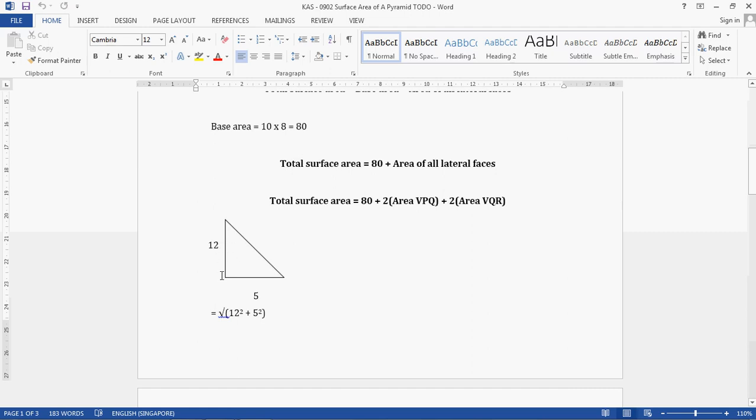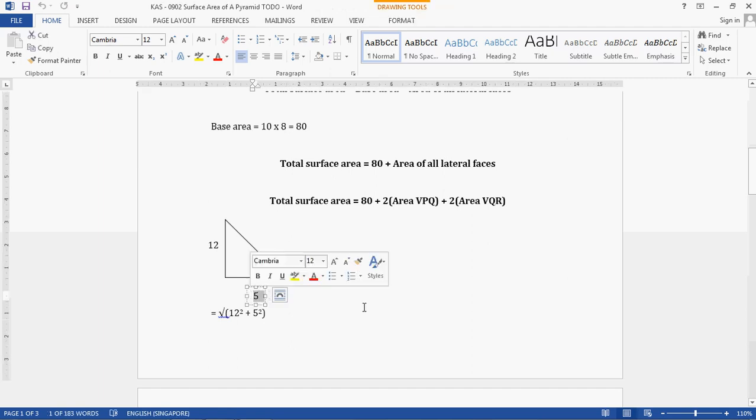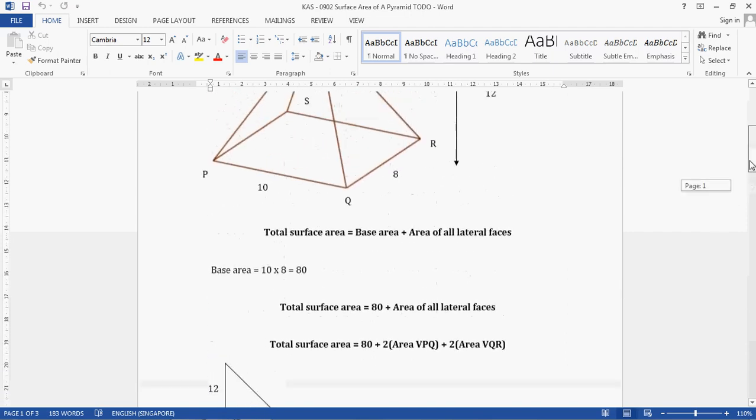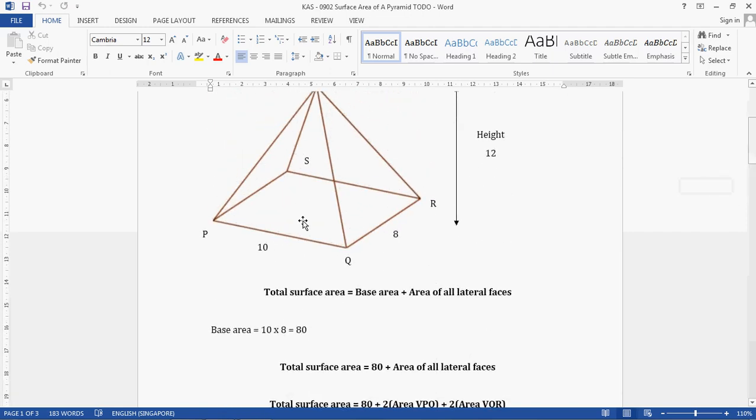We know the height is 12, and the other side of the triangle is actually 5. Why is it 5? Because I only need half of this length, as I'm just calculating this particular triangle from the center to this, to calculate this face.